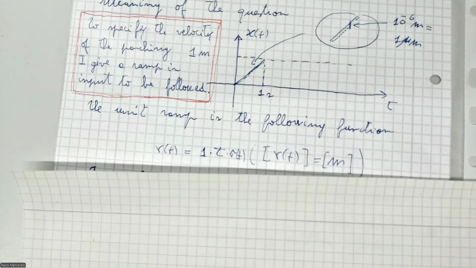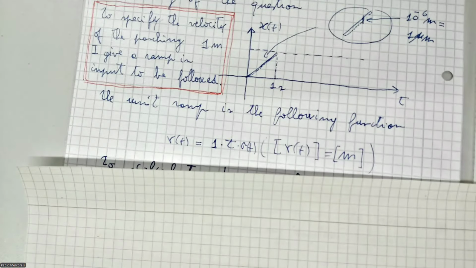Of course, the real control doesn't put a ramp because I have to stop at 1 meter. If I put a ramp, I will not stop at 1 meter.